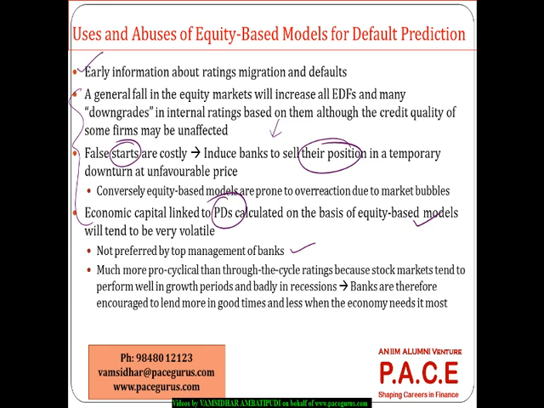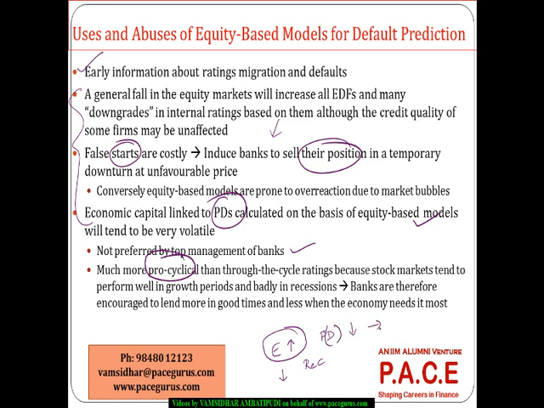What we typically see is, in general, the equities will be much higher during the boom period and the value will be much lower during the recessionary period, which means this model is more and more pro-cyclical. Because equity value is much higher during the boom period, it is also saying that the probability of default will be much lesser during this period.